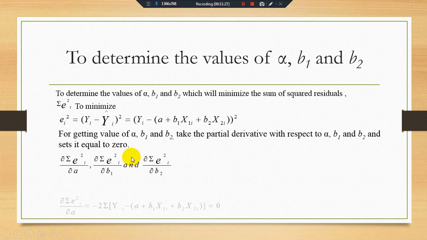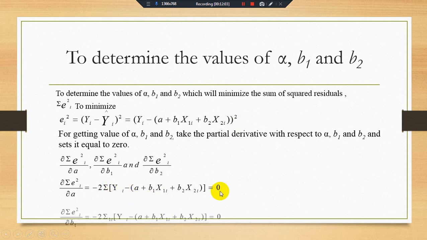When we take the partial derivative with respect to a, we get minus 2 summation of (yi minus (a plus b1 x1i plus b2 x2i)), using the power rule where you reduce the power by 1, and put this outcome equal to 0.